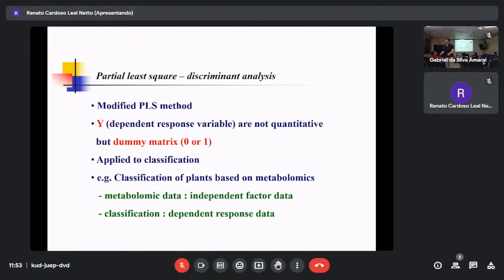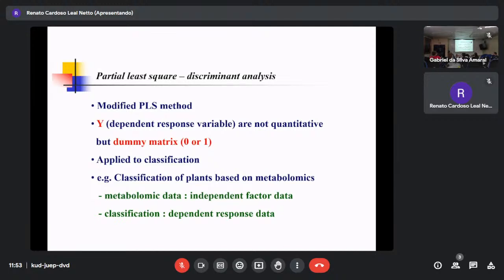No, because it's qualitative data, like a label. So you have to decide which data it is. Metabolomic data should be quantitative, but for the additional data set you have to decide whether it is qualitative or quantitative. We call it qualitative, which is why you want dummy data.